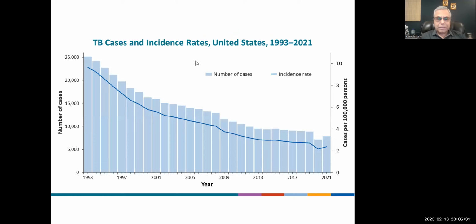And you can see this is USA statistic, and you see that the trend is going downwards starting from 1993. This is showing incidence, which means new cases every year. That has been going down from 1993 until lately, okay?